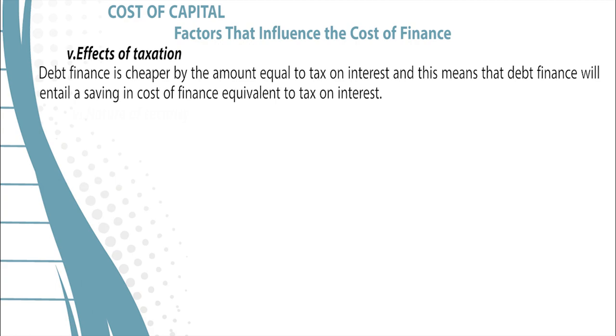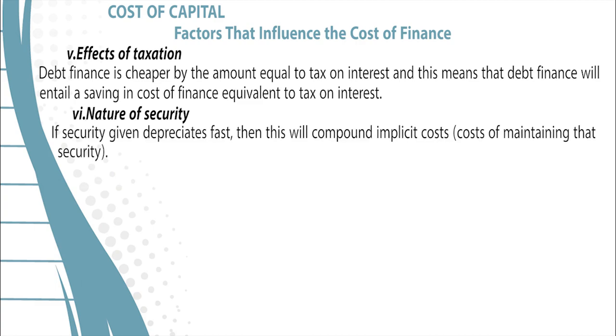Number six, nature of security. If security given depreciates fast, then this will compound implicit costs or the cost of maintaining that security. Then lastly, the company's growth stage will also influence the cost of finance.